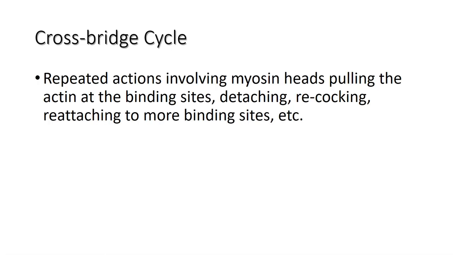According to the sliding filament model, myosin heads pull the actin at the binding sites. After that, myosin heads detach, recock, reattach to more binding sites, and repeat the cycle again. This repeated movement is known as the cross-bridge cycle.